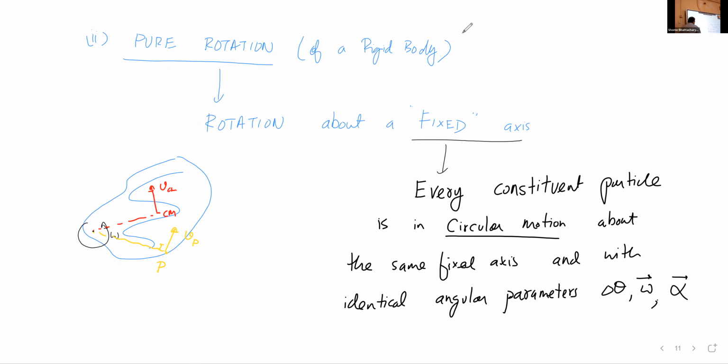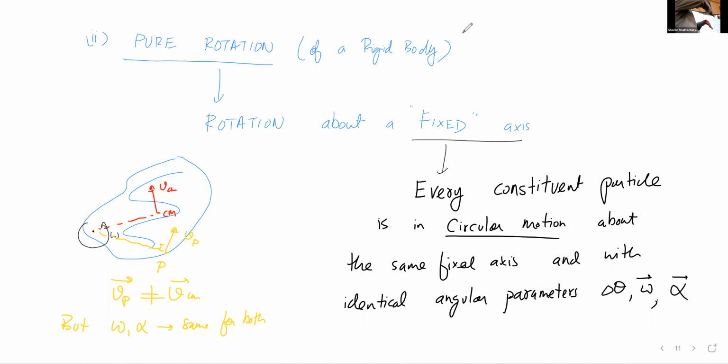Remember, velocity of the particle P is not equal to velocity of the center of mass, but omega and alpha are the same for both. So that is the property of pure rotation of a rigid body.